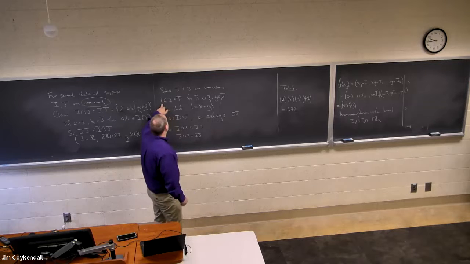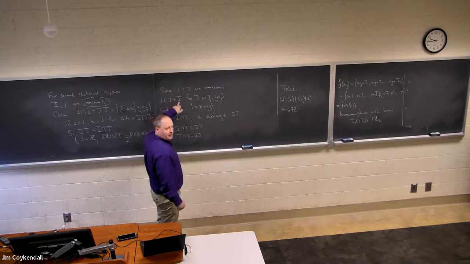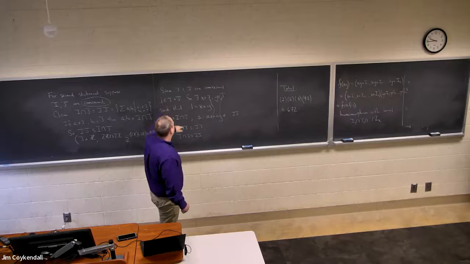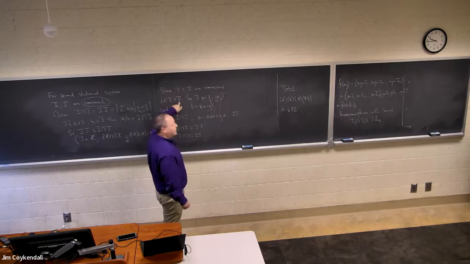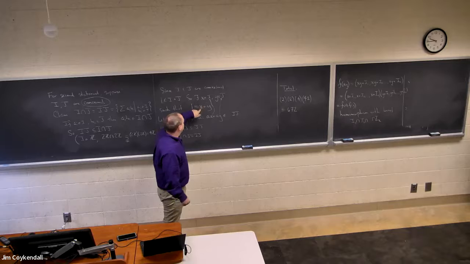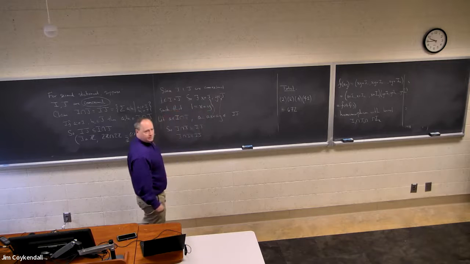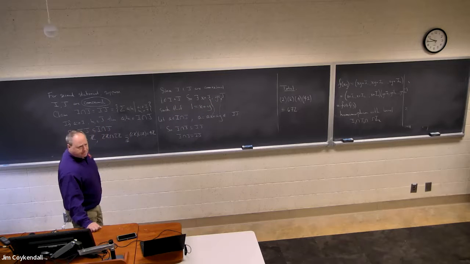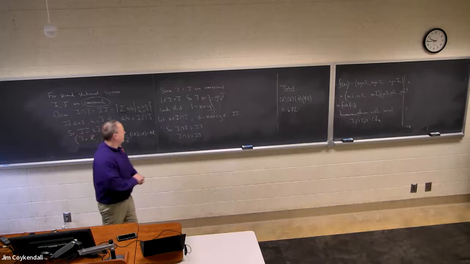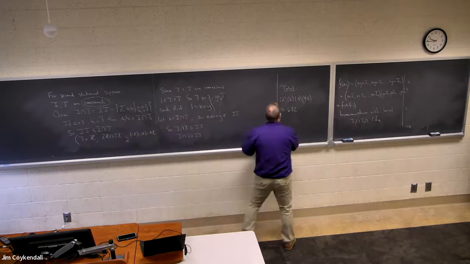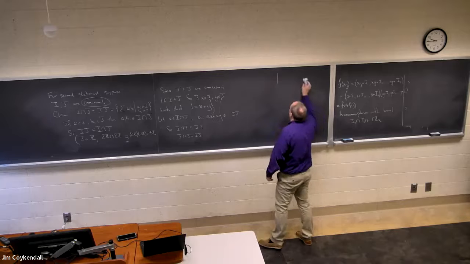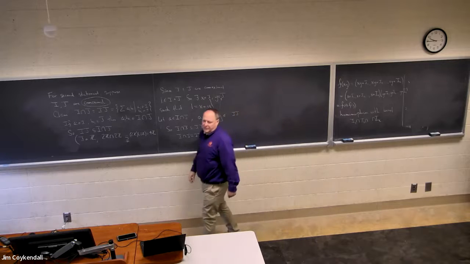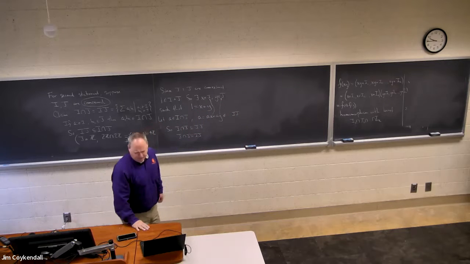What it means for one to live in this ideal I plus J means that one can be written in the form something in I plus something in J. Here's your something in I and something in J. Is that clear? Right, okay. So now we've got the intersection is equal to the product if they're comaximal.